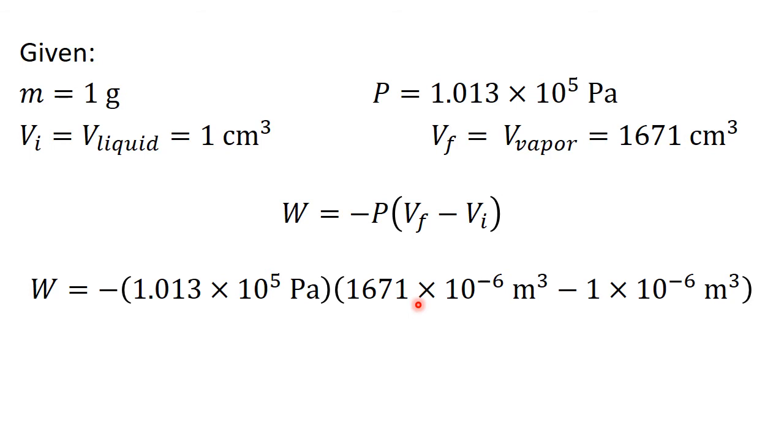Then, if you evaluate that, you would get that the work done is equal to negative 169.171 joules. Basic. Okay? Ang concern lang natin dito is nag-change tayo, no, ng from cubic centimeters, ginawa nating cubic meters.